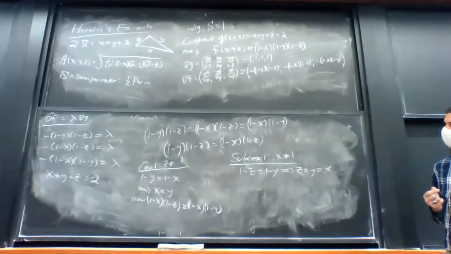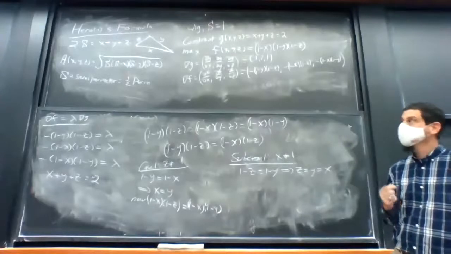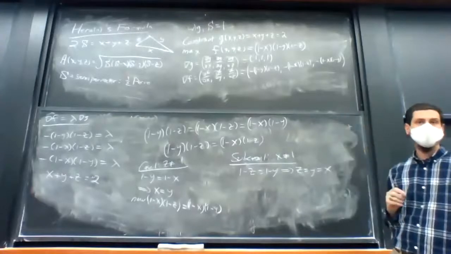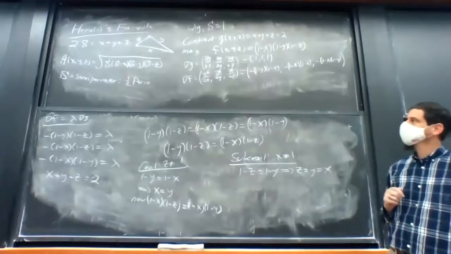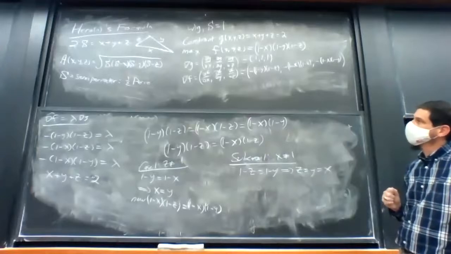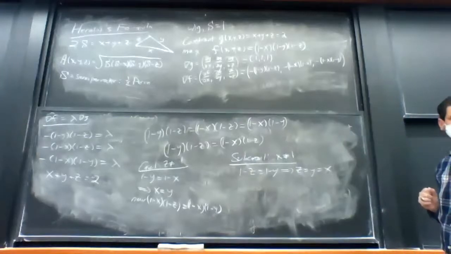Could we assume that z is not equal to 1 or x is not equal to 1, because then you wouldn't have a triangle with perimeters? Well, you could have a degenerate triangle. You could say initially that x, y, and z all have to be positive. And if one of them is equal to 1, then the only way that happens is you would have to have a degenerate triangle.